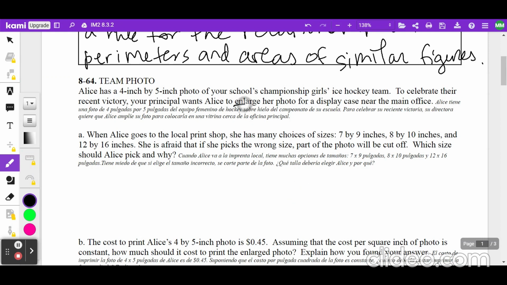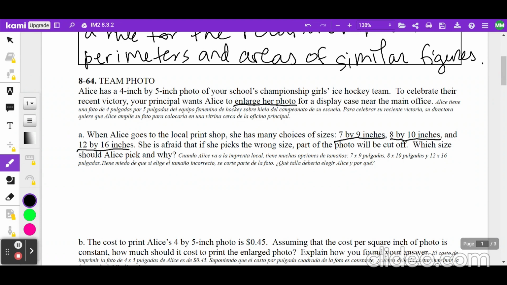When Alice goes to the local print shop, she has a bunch of choices. She could get the 7 by 9, the 8 by 10, or the 12 by 16. She's afraid that if she picks the wrong size, part of the photo will be cut off. So, which size should Alice pick and how come?